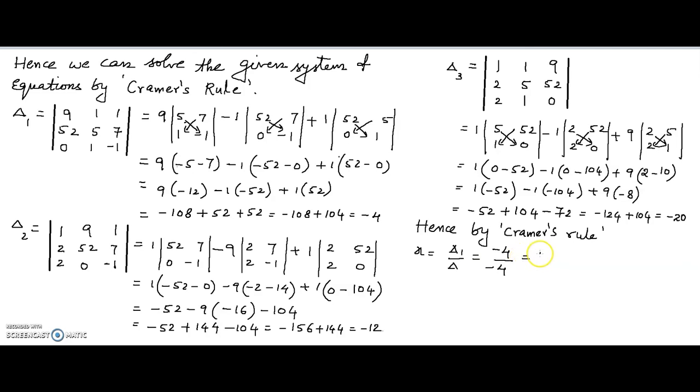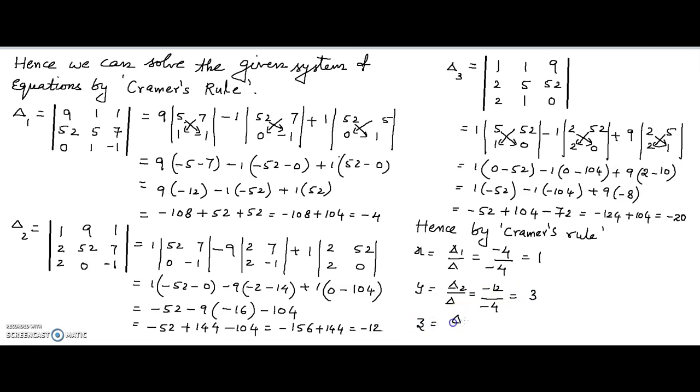So we have got the value as 1. Y is equals to delta 2 by delta. Delta 2 is minus 12. You can see over here, minus 12 is delta 2 value. By delta is nothing but determinant of A, which is minus 4. Minus minus cancels. 4 1s, 4 3s, we can cancel. 4 3s 12. So y is equals to 3.